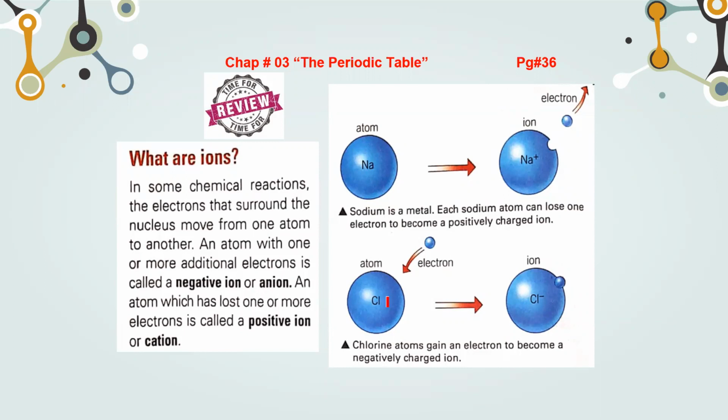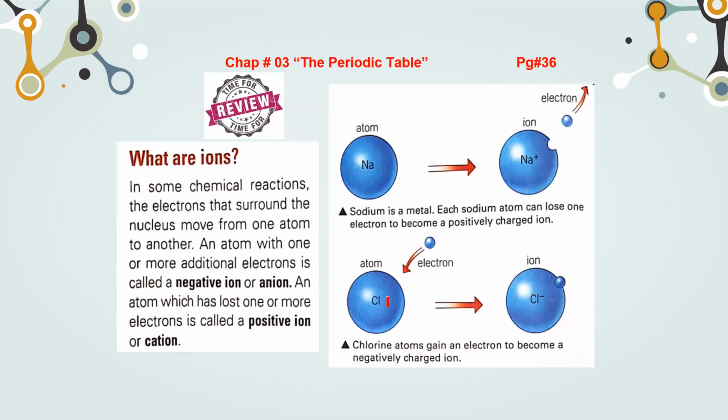Because 1 electron is removed from the sodium atom, 1 more proton is there as compared to electrons. Protons have a positive charge, and that's why sodium appears as a positive ion. Okay, the sodium will appear in the form of a positive ion. Now come towards the chlorine. Chlorine has an extra electron, and we all know that an electron has a negative charge.